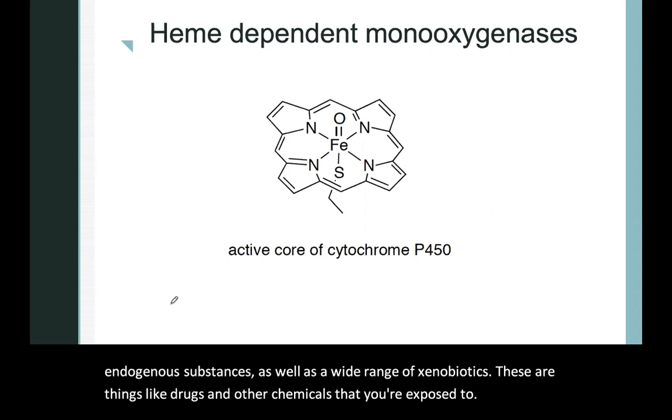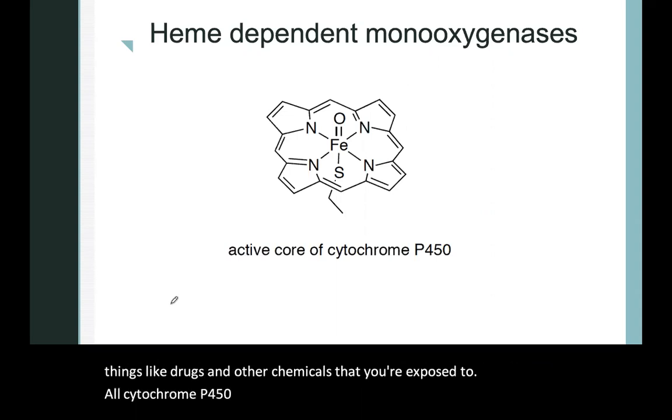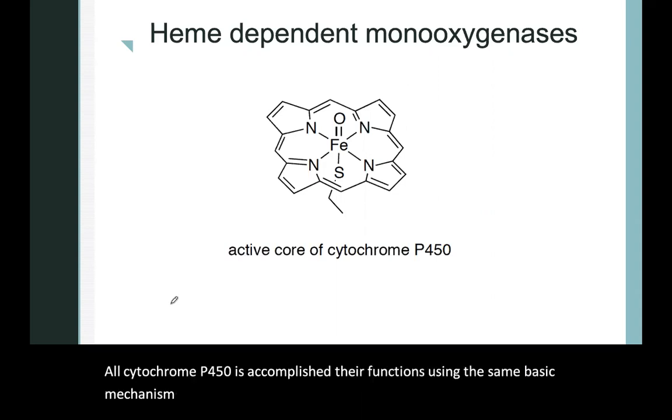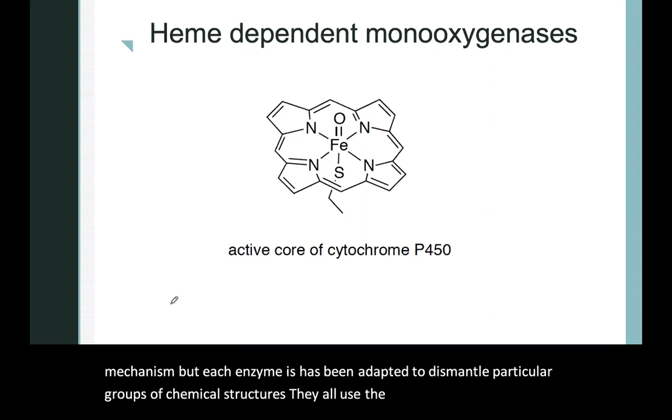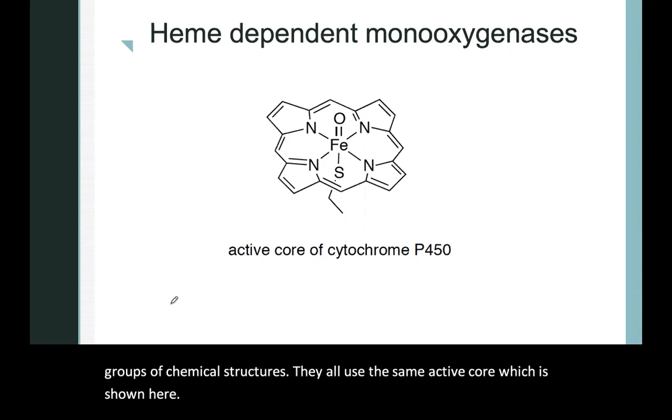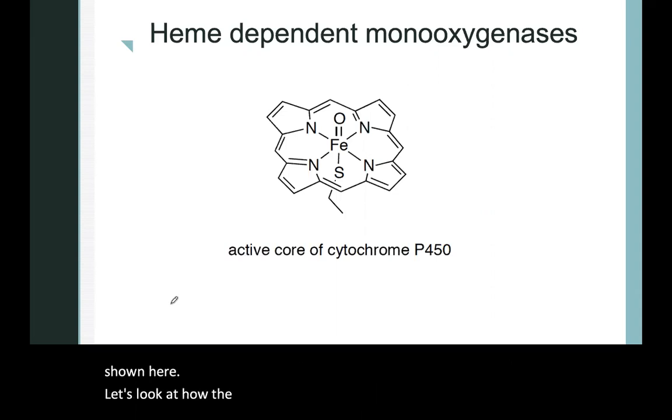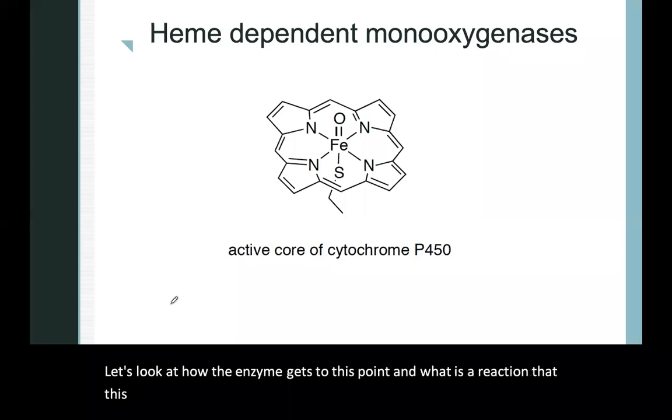All cytochrome P450s accomplish their functions using the same basic mechanism, but each enzyme has been adapted to dismantle particular groups of chemical structures. They all use the same active core, which is shown here. Let's look at how the enzyme gets to this point and what is a reaction that this active core can actually perform.